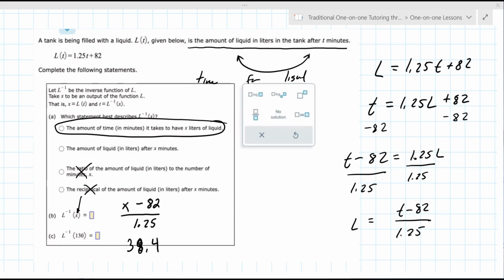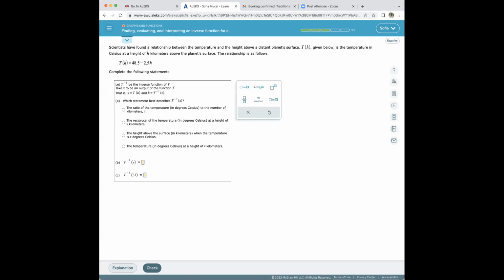Okay, perfect. I'll share my screen and then try the third one on my own. Okay. Write this down.